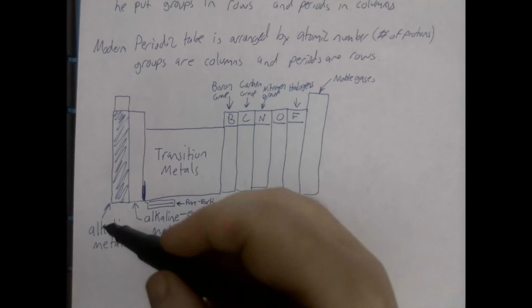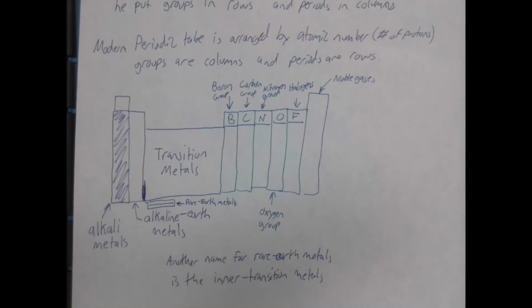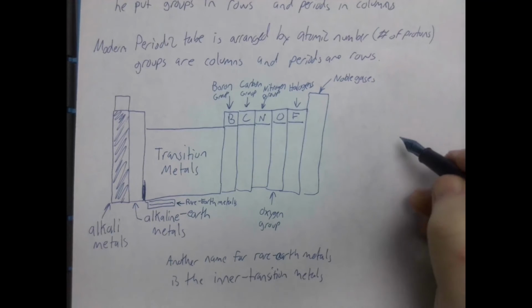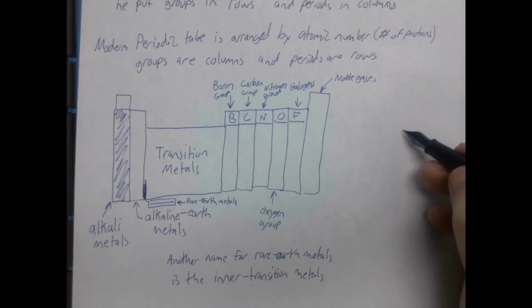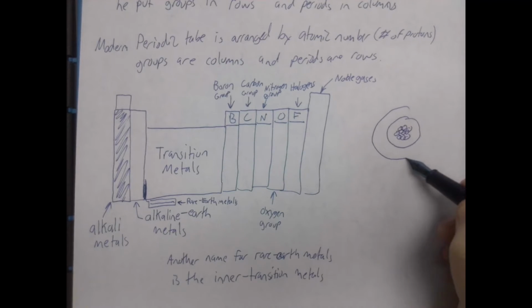So, what does everything in group 1 have in common? No, not atom. Remember that an atom looks like this. An atom has a bunch of protons and neutrons in it, and then it has these orbits.